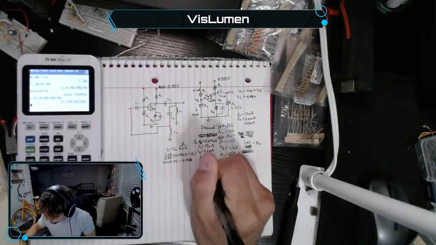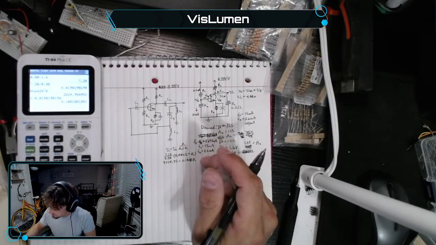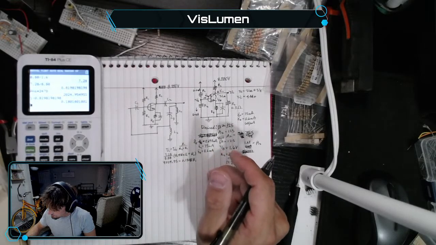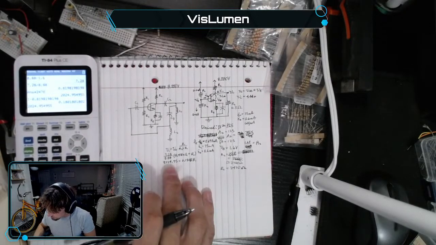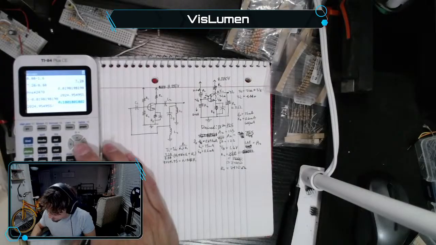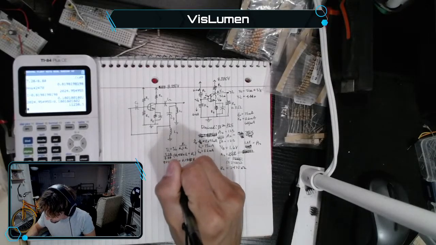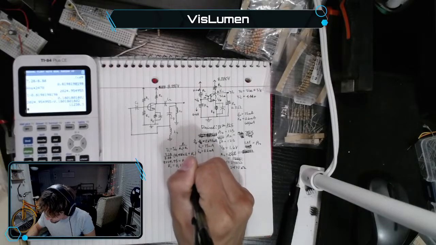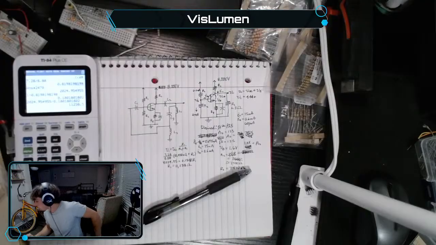I could have made that a 2. R1 equals that divided by, oh wait, yeah, R1 equals 11,238 ohms. Okay, let's see what I have.